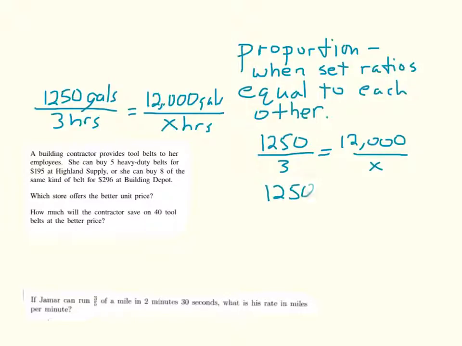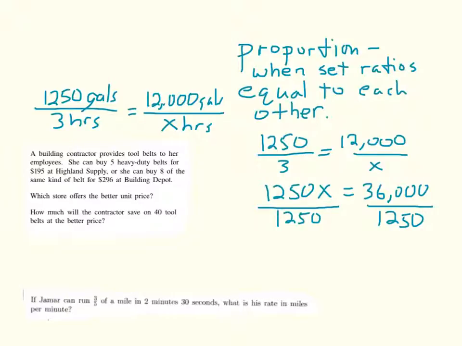So I say 1250X equals 36,000. I'm going to divide each side by 1250, and that equals 28.8 hours.